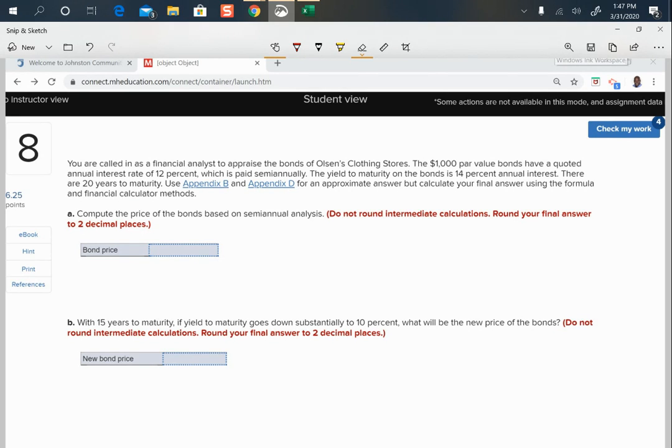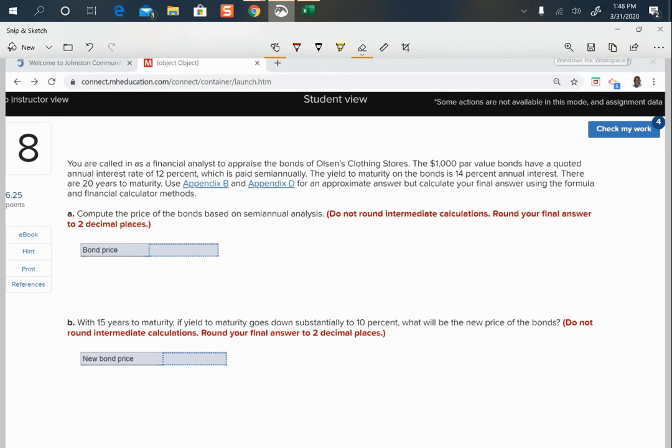So in this example, you're a financial analyst and you're asked to determine the value of a bond. The bond has a face value, a par value of $1,000, and the bond is quoted an annual interest of 12%, which is paid on a semi-annual basis.